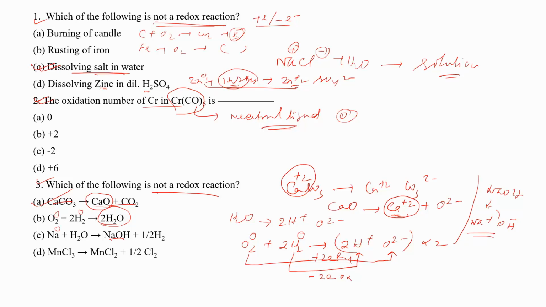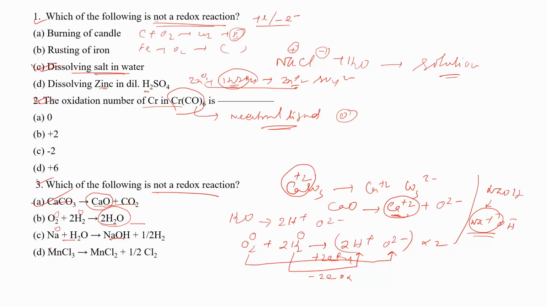So sodium has a +1 oxidation state after the reaction, but before the reaction it had zero. That means one electron is lost, so it is an oxidation reaction. Since one electron is lost, a reduction reaction also occurs. So it is a redox reaction.